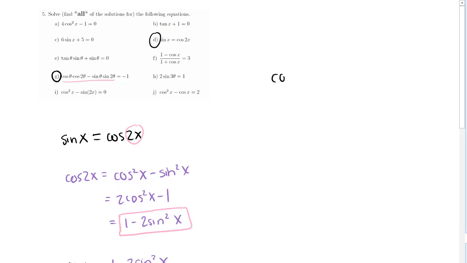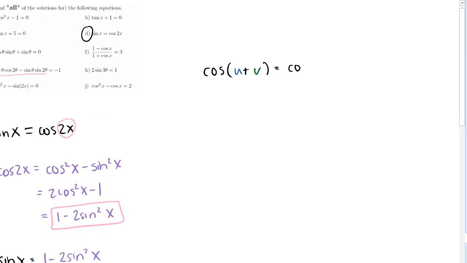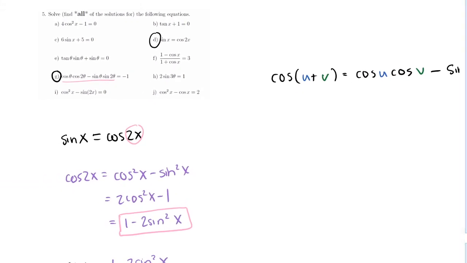So we have the angle addition identity for cosine: cosine of u plus v is equal to cosine of u times cosine of v minus sine of our first angle, sine of u, times sine of v. And so here notice that we've got exactly that.